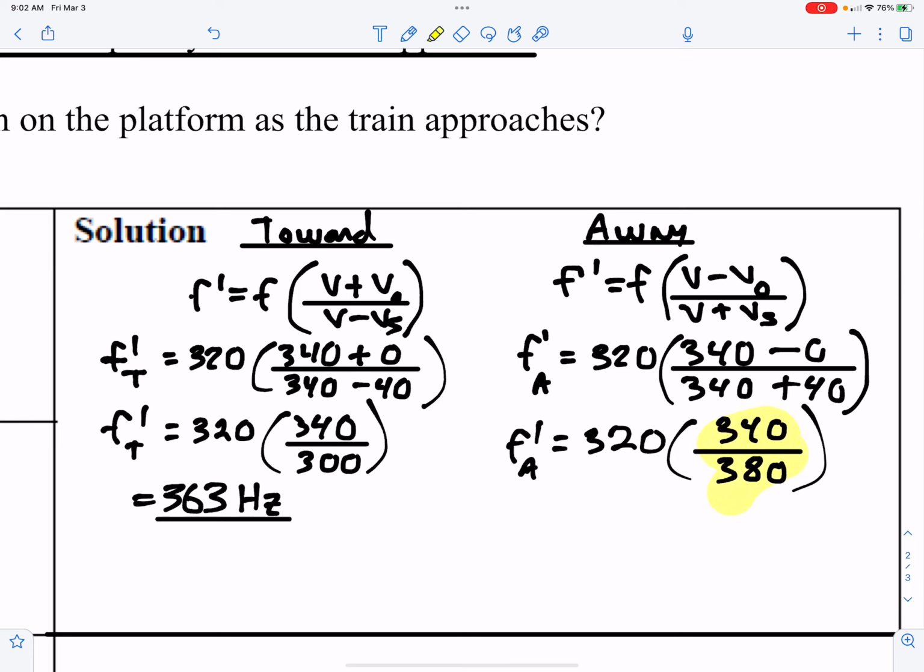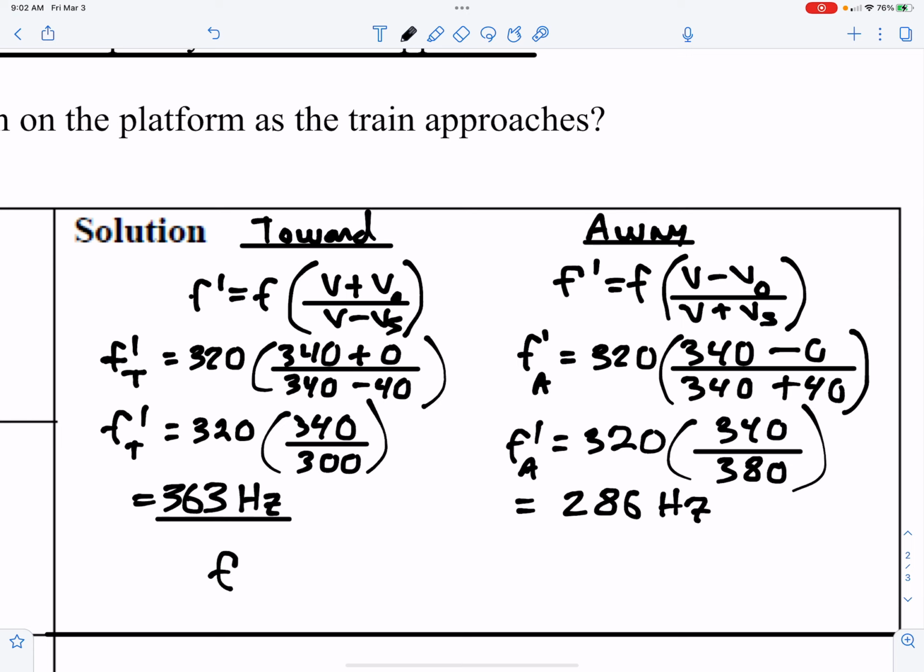Again, go ahead and take care of the ratio first. 340 over 380 times the frequency of 320 is about 286 hertz.